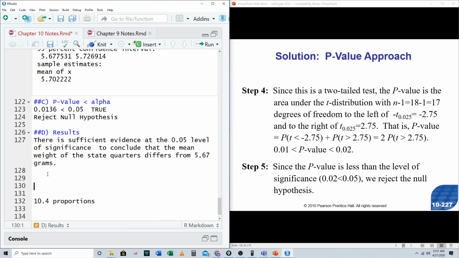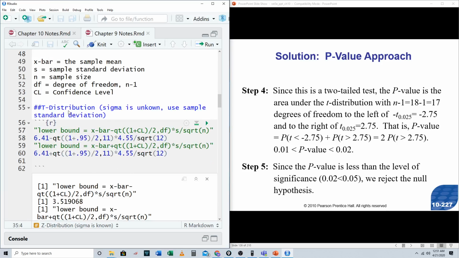Now you can also do confidence intervals, and I forgot about confidence intervals. Let me put it on here.